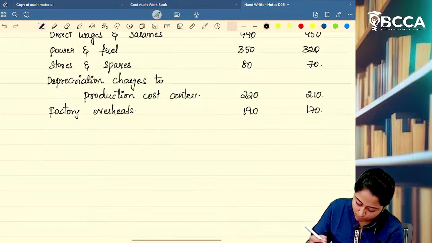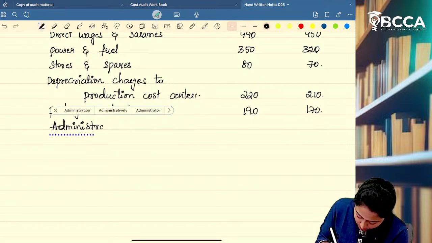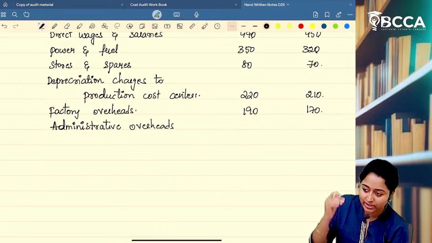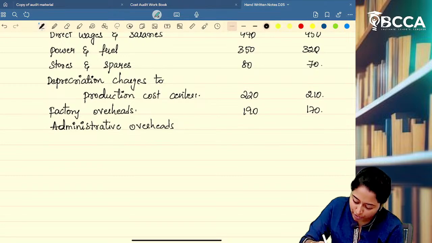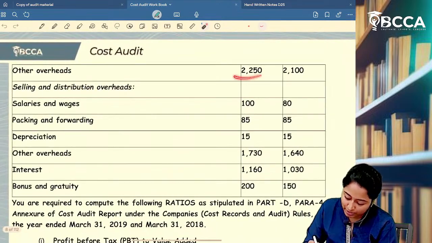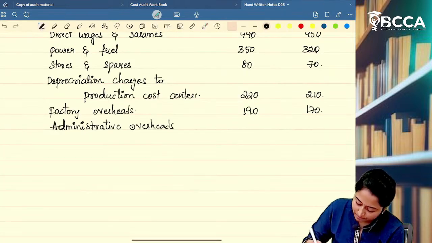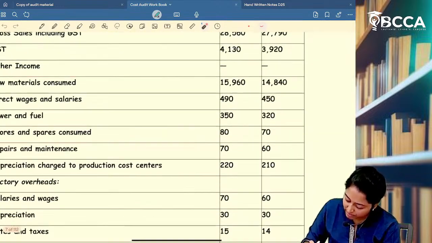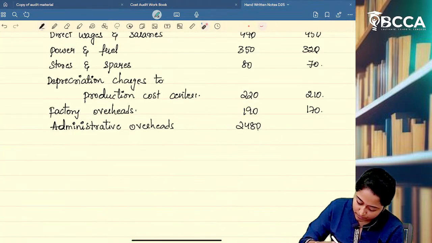Next, administrative overheads. If you have time, you can write the bifurcation: factory overheads, rates and taxes, depreciation, salaries. Or you can write just the total. 140, 90 and 2,000, 250. And 130 and 90.